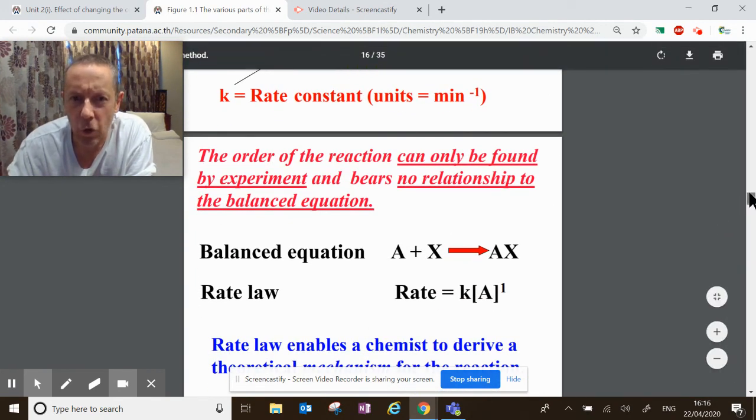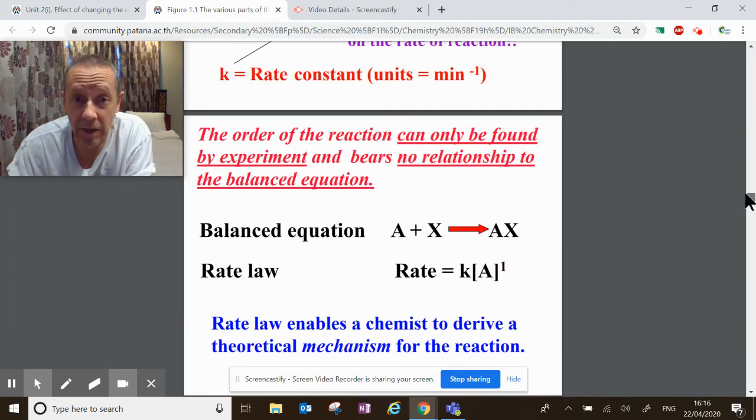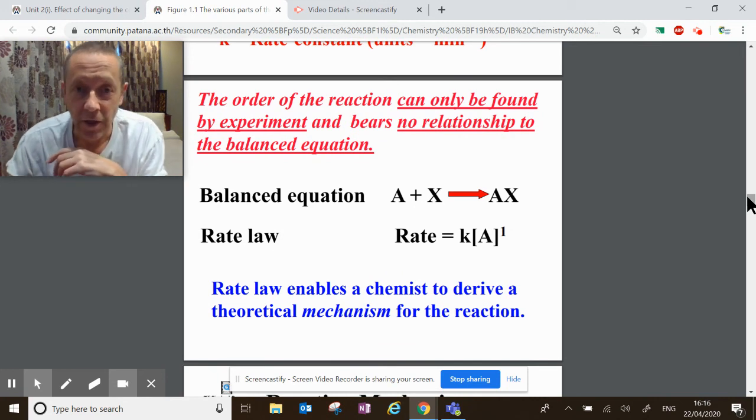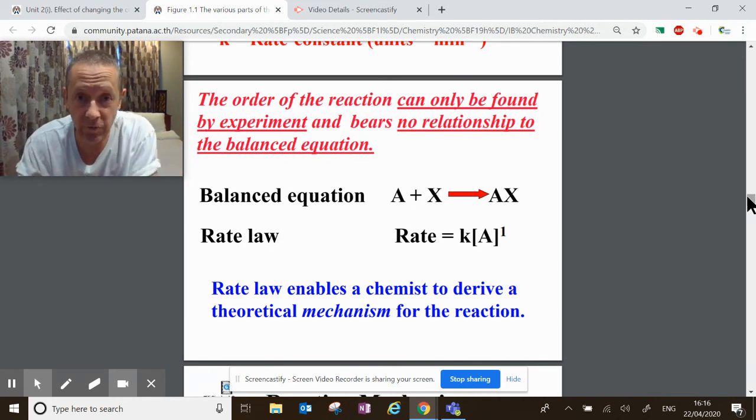Now, I put this as a cautionary note in the last screencast, the fact that we can only establish these rate equations by looking at experimental data or experimental evidence. You can only find a rate equation by doing some reactions. You can't predict the expression for the rate equation by just looking at the balanced chemical equation.